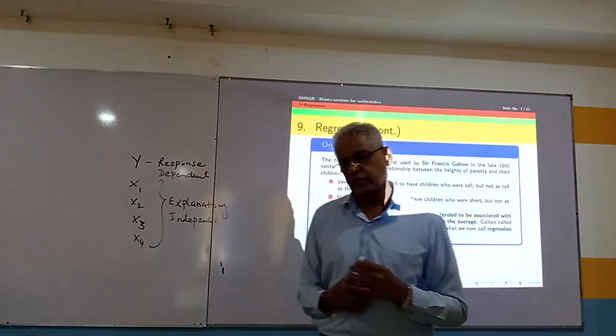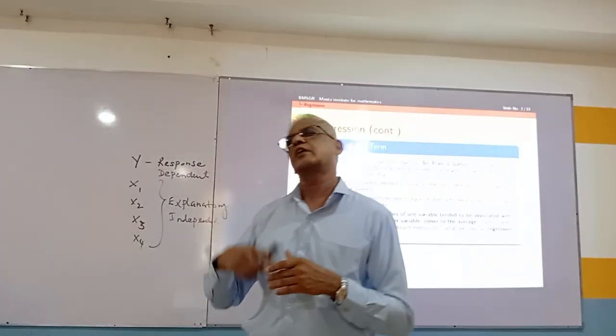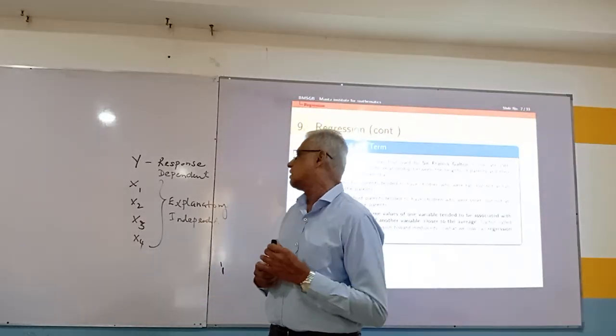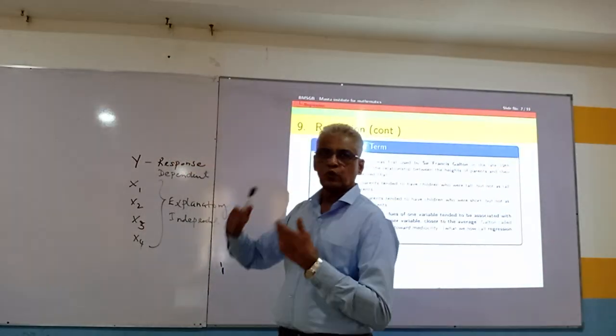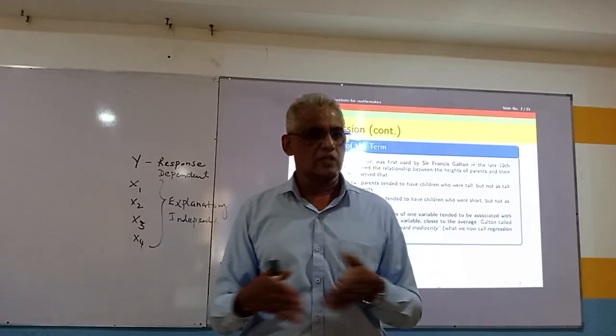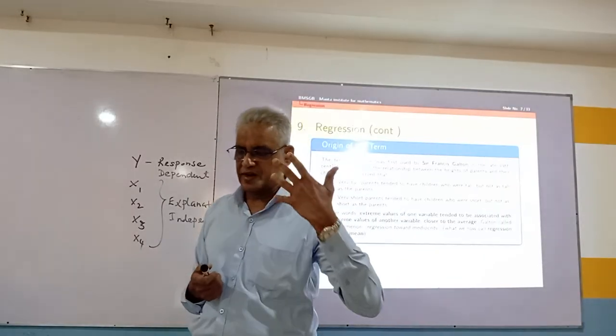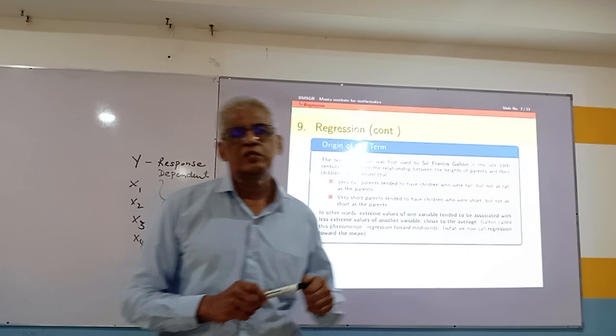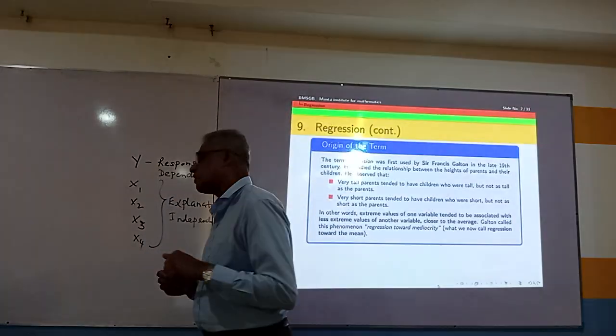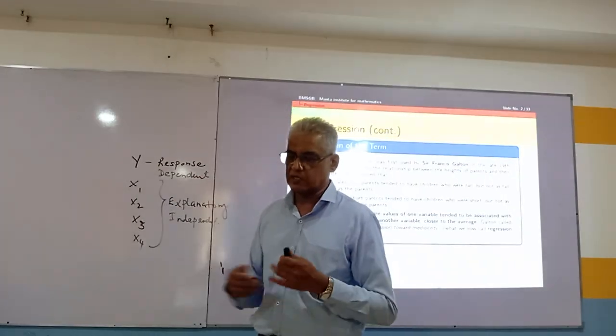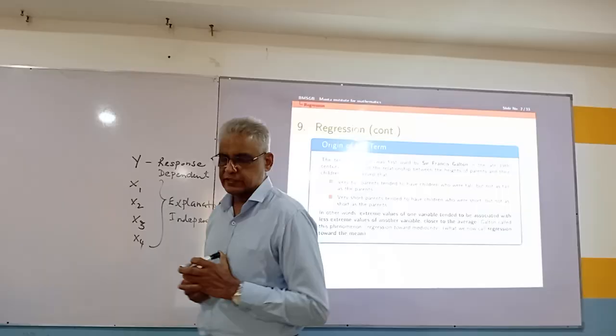Once you have that model, you can use it to predict the y value for given values of x1 and x2. So those are the main applications: identify variables which are associated with a certain response, build a model, and then use the model to predict.